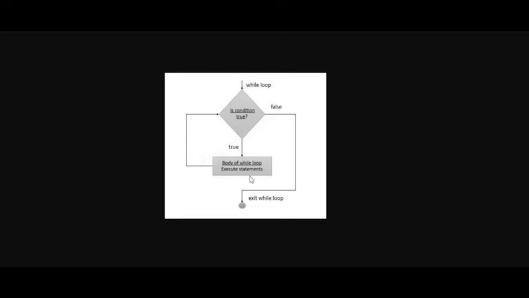Then it went into the body of the loop and executed the statement inside, which was print hello world. So it printed the statement, and then we incremented the counter: counter is equals to counter plus 1. Initially it was 1, then it became 2.